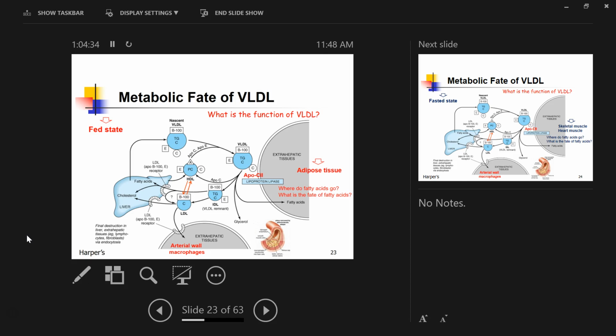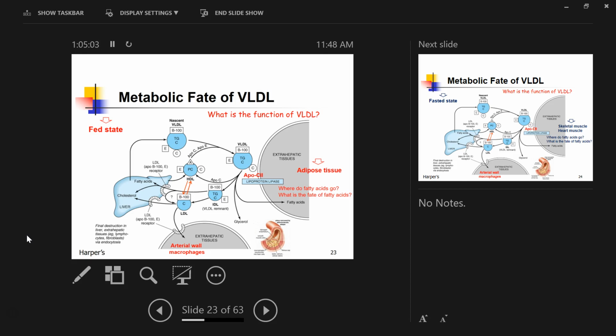Once you lose the ApoC2, LPL cannot function well, so hydrolysis of the triglyceride can stop. IDL, the VLDL remnant, is then picked up by the liver and also other peripheral tissue, for example artery wall macrophages, which we're going to talk about later.